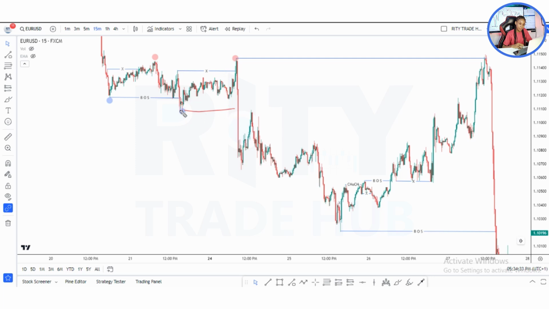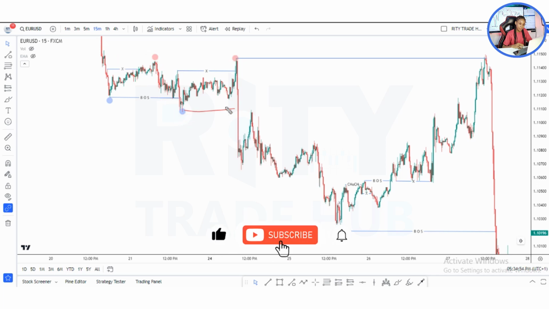But what happened? Price actually swept inducement from here and also swept the major structure high right here. So this implies that this high has taken charge of this major structure high. So we just have our swing this way, and this way.